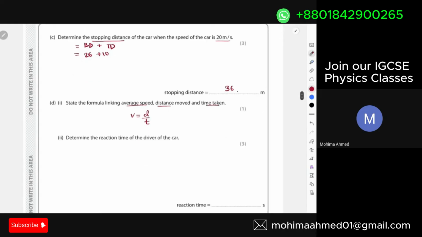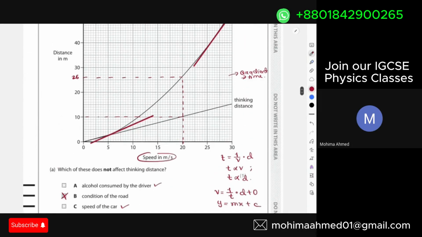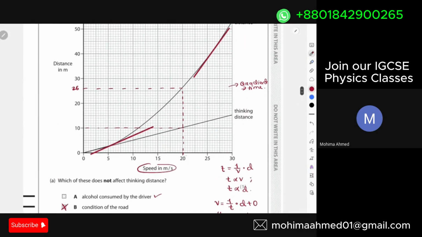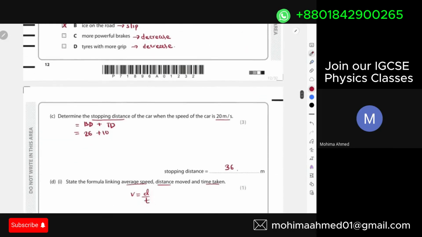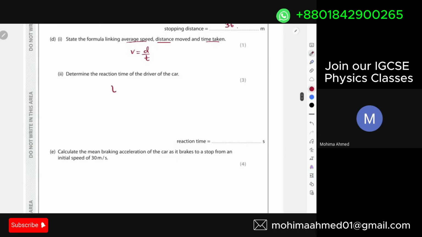Now, if they are asking you to calculate the reaction time of the driver, you have to understand that for a speed of 20, your distance was 10 meters. In order to find the reaction time, I'm only going to focus on the thinking distance, where the car was moving with constant velocity.